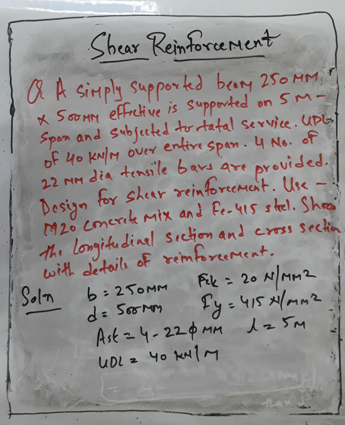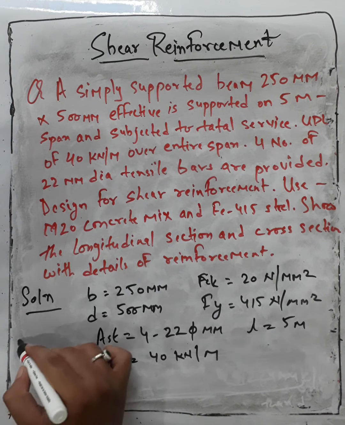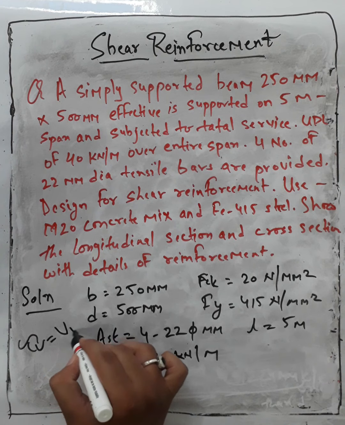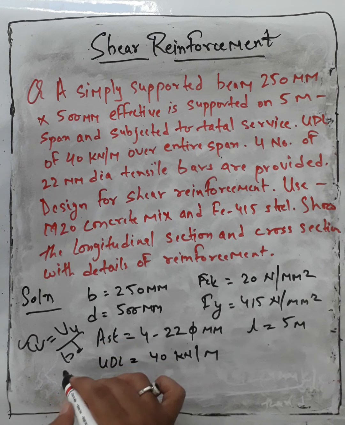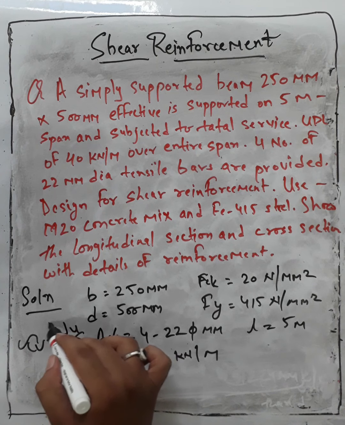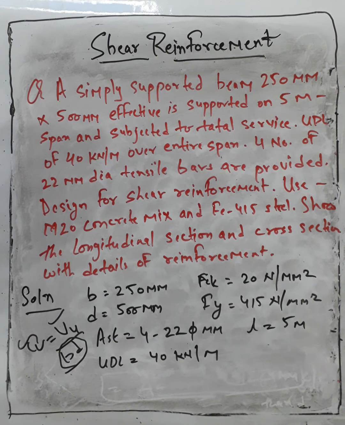Now the first thing is we have to find tau v, and for tau v we know that we require Vu and bd. We have bd, but in this problem we have not given Vu, that means shear force. So first of all we have to find the shear force with the help of these values.